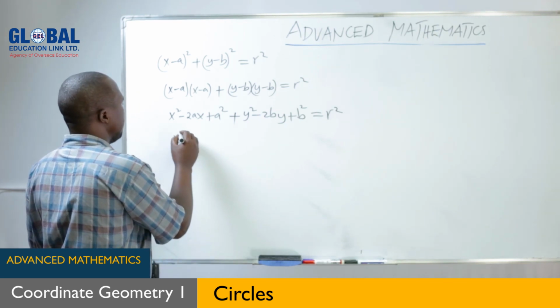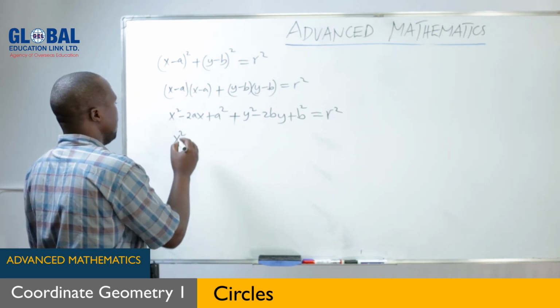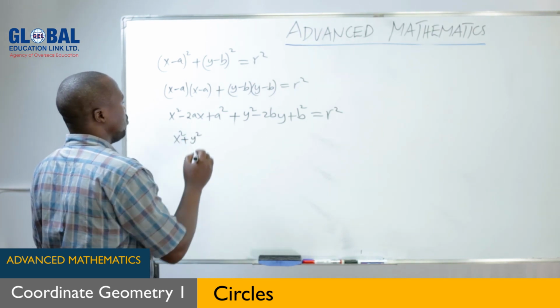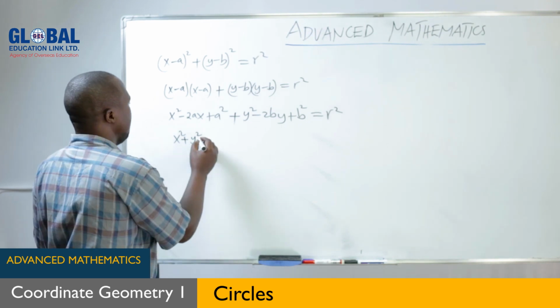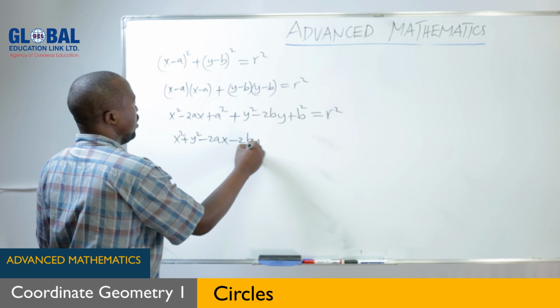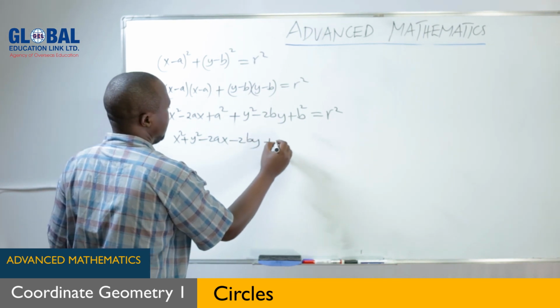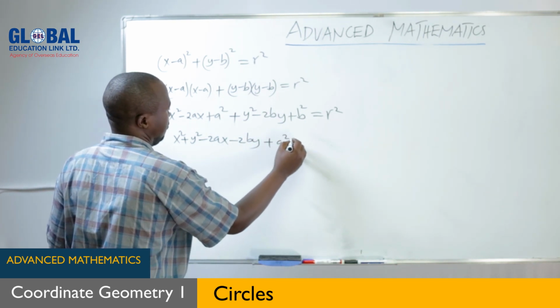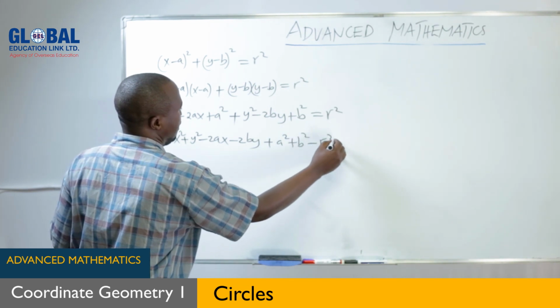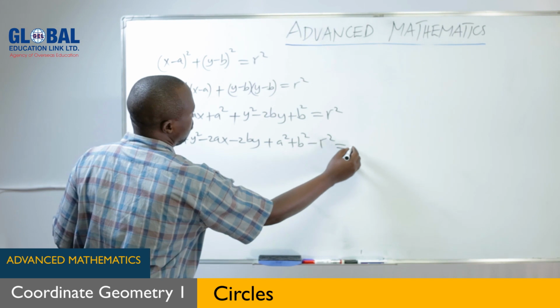So we have x squared, then followed by y squared, then minus 2ax minus 2by, then plus a squared plus b squared minus r squared is equal to 0.